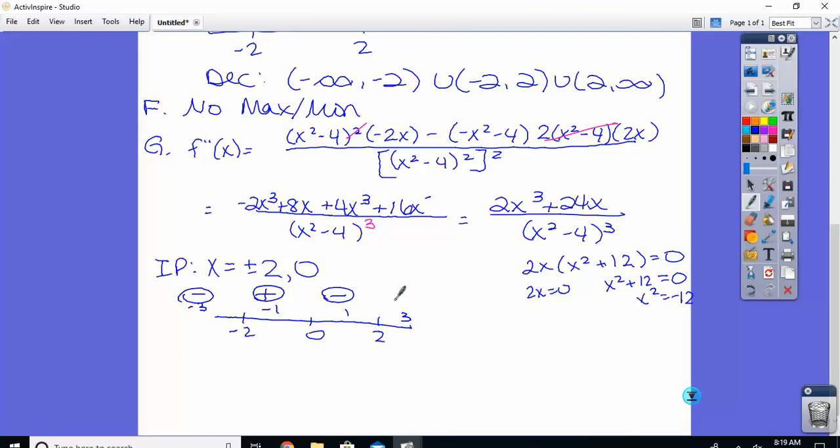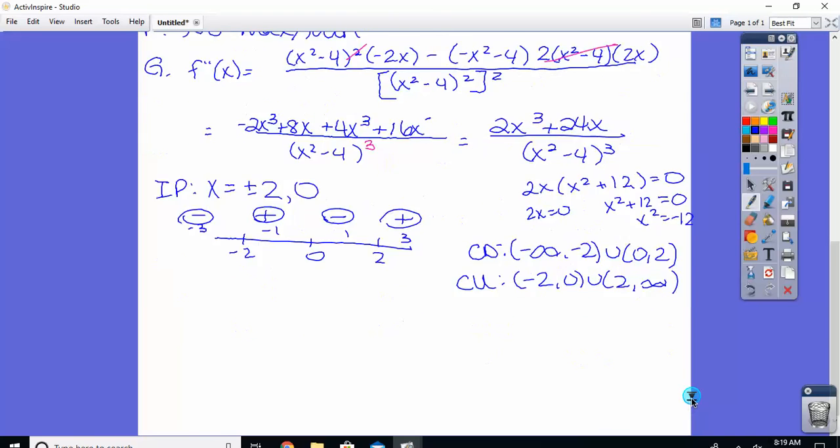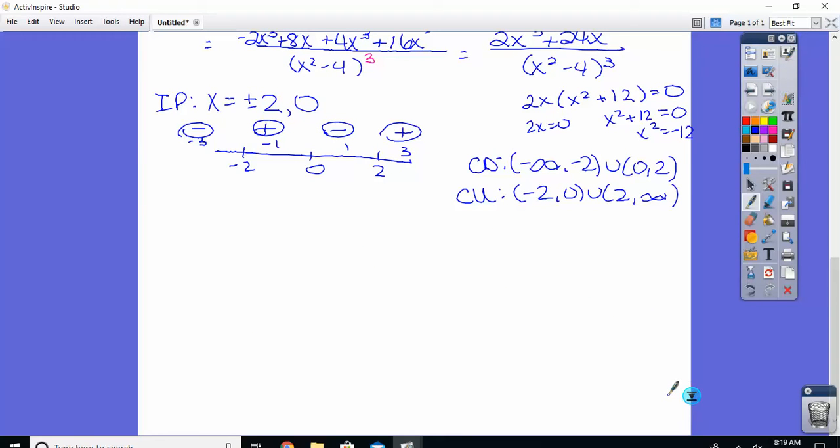And 3, positive over positive is positive. So we are concave down from negative infinity to negative 2, union 0 to 2. Concave up, -2 to 0, union 2 to infinity. Are you guys okay with all this stuff?